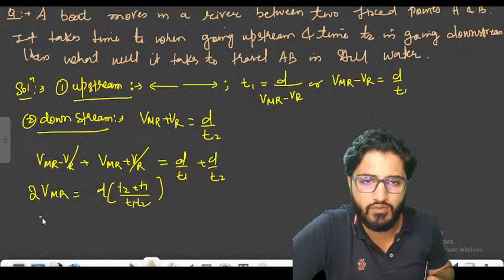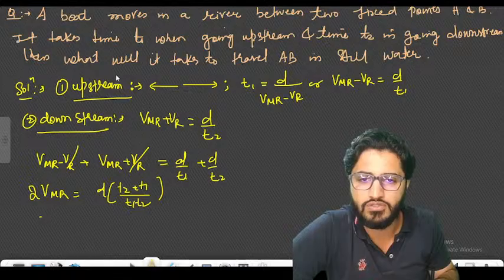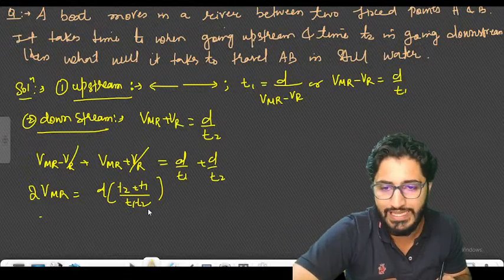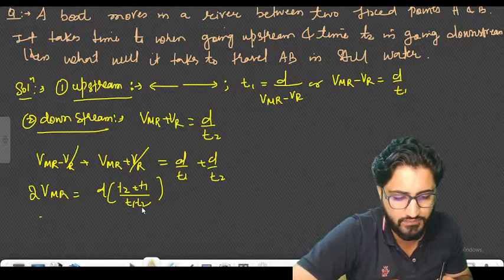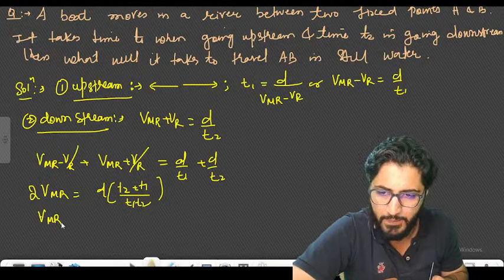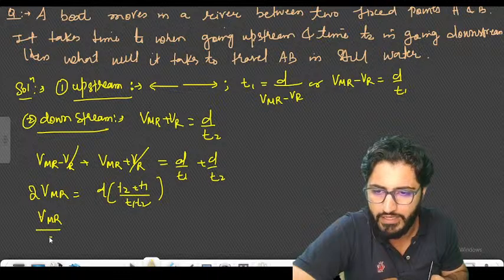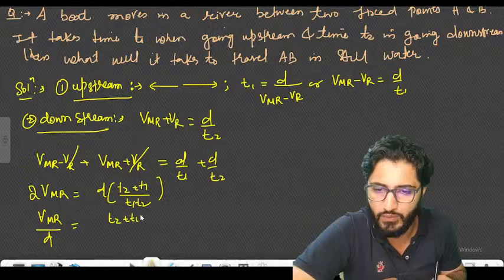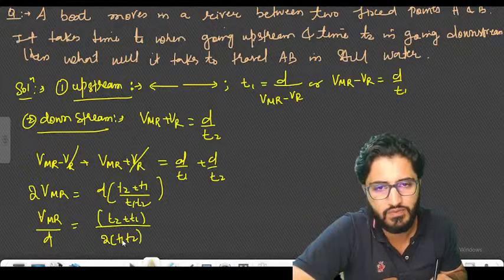So what do we have to find out? What will it take to travel AB? So we have to find out T. So what is VMR now? VMR divided by D will be (T2 plus T1) divided by 2 times T1 T2.